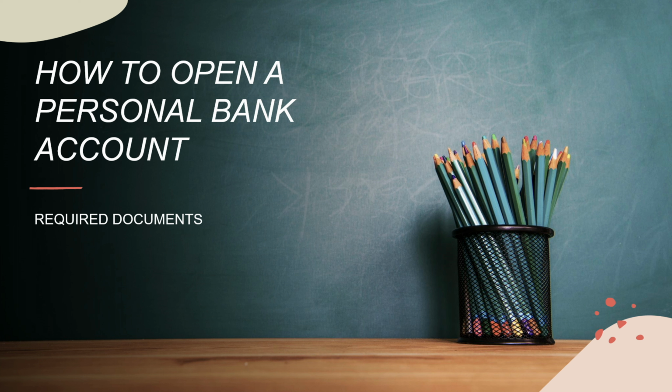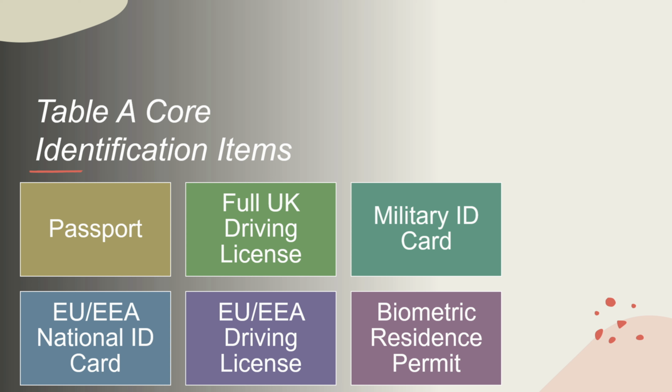Right, on the first slide we've got Table A, core identification items. You have 6 options, but you only need one. You can either use a passport, a full UK driving license, a military ID card, an EU national ID card, or an EU driving license, or even an EEA driving license.